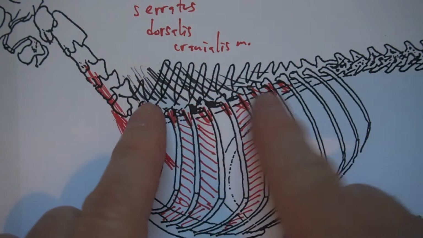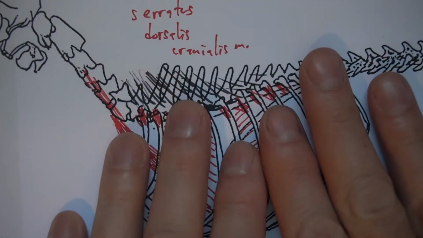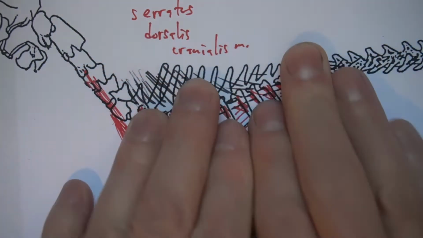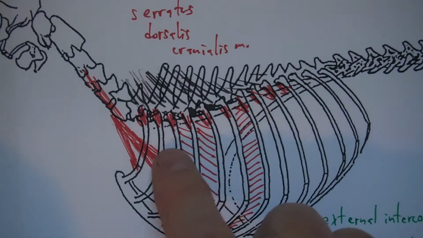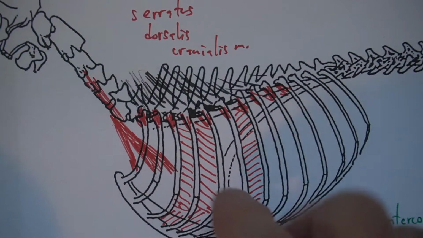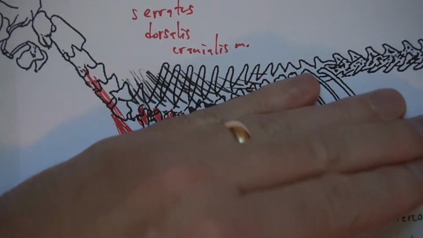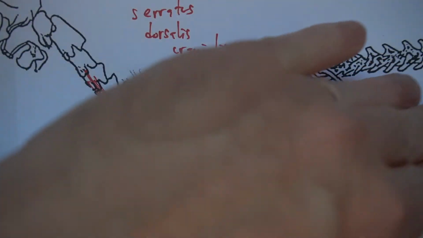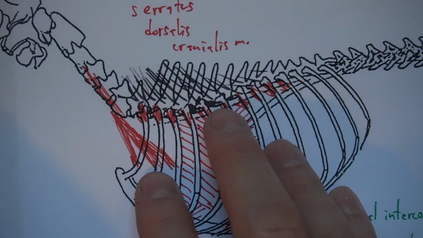When your serratus dorsalis cranialis pulls dorsally, the whole thing moves as a unit dorsally. Obviously not as far as my fingers are moving there. So the intercostal muscles make sure this rib cage comes up like a big bellows like this, and it's not doing a wave or something like this if all the ribs were just not in unison.